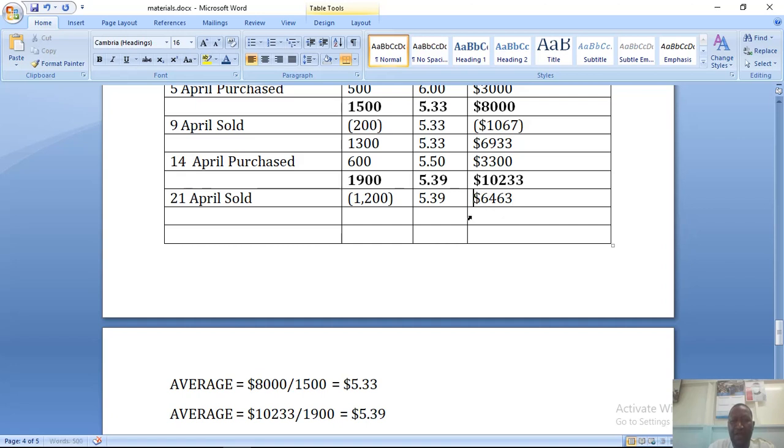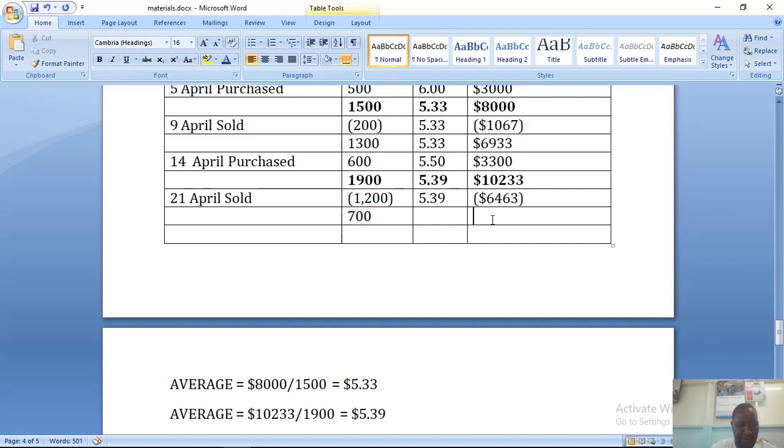All right, so if we issue that at that value, subtract it from the amounts we had in terms of units, the closing inventory units will be 700 units, and the closing inventory value is 10,233 minus 6,463. That will be 3,770.